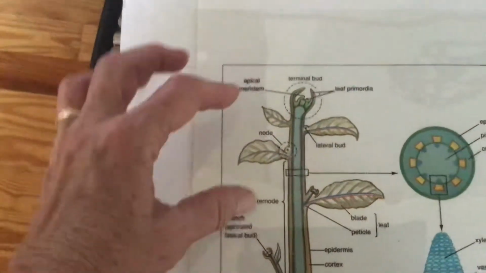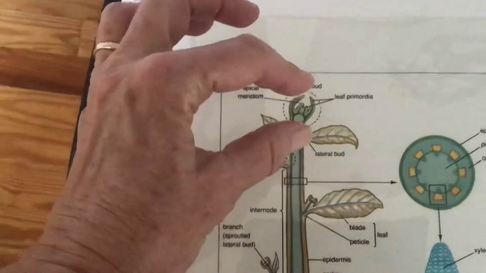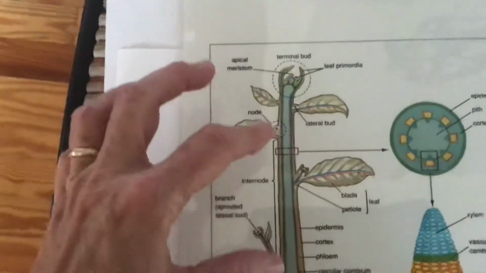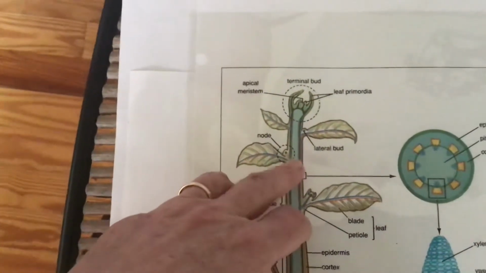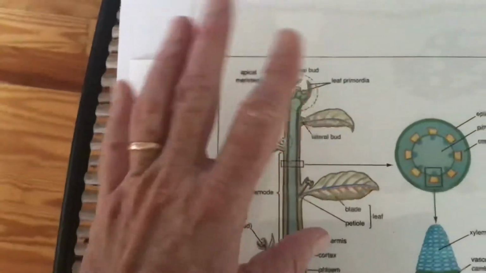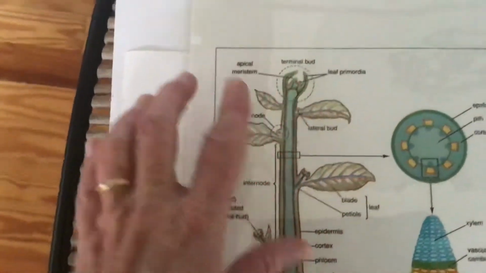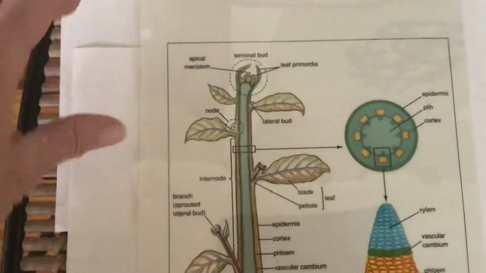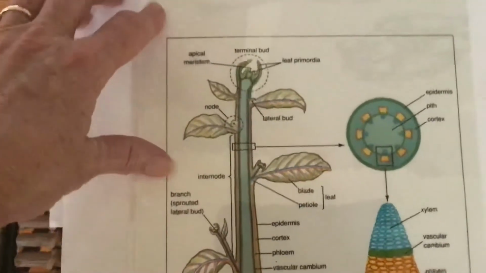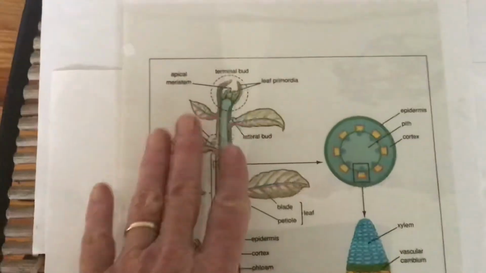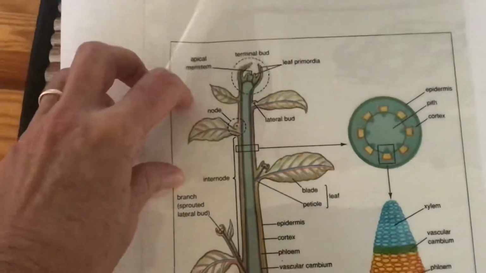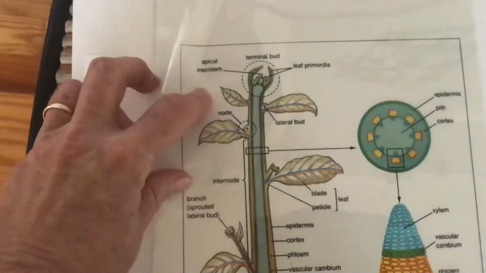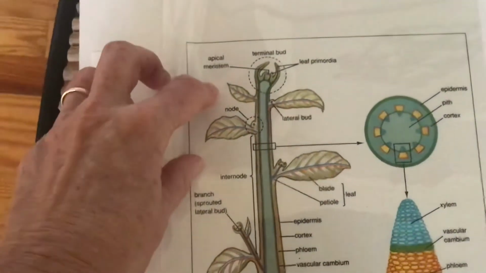It is the actual repeating unit of a plant, and the internode refers to the stem distance, but the actual phytomere includes the bud primordia and leaf primordia and the stem. So they're kind of synonymous, but not exactly. The internode is just referring to the distance, whereas the phytomere is referring to the actual plant structure.